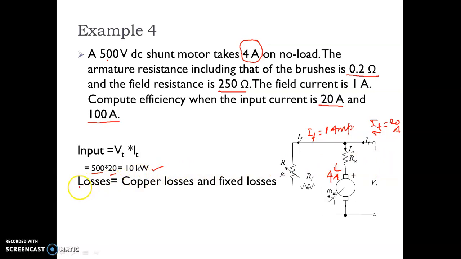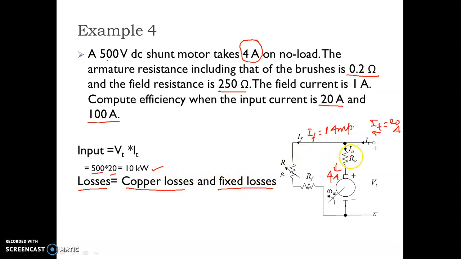Losses. To calculate the efficiency, we need to find the losses. Once we get the losses, then efficiency we can very easily find. What are the losses? Copper losses and fixed losses. There are two types of losses. One is variable loss, another is called fixed loss. These two losses we have to find. Where are these copper losses?